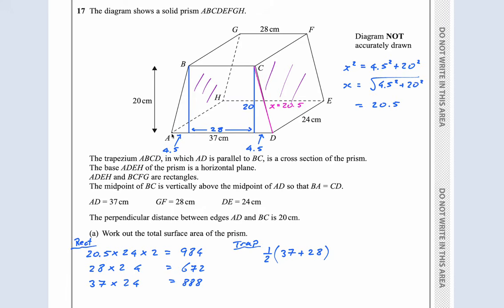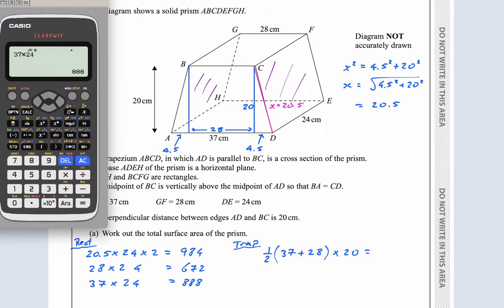You do a half of this plus this, because you get the average distance between the two, and then times h, which is 20. That formula is in the formula sheet; it is the area of a trapezium formula.